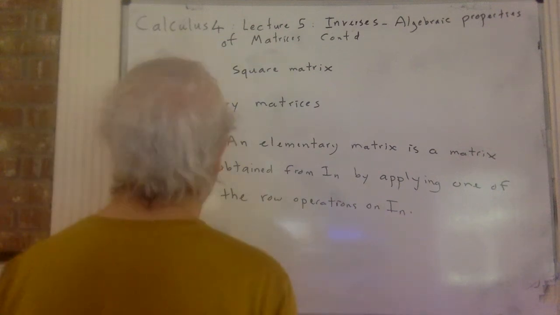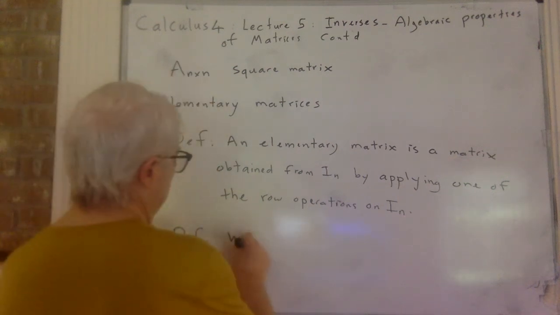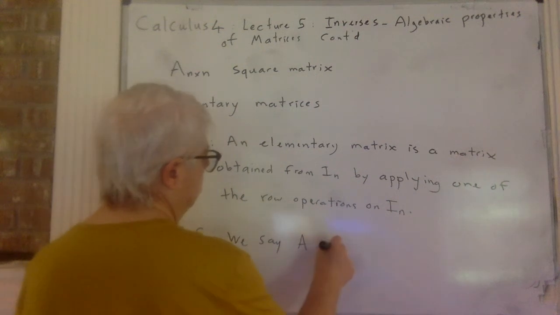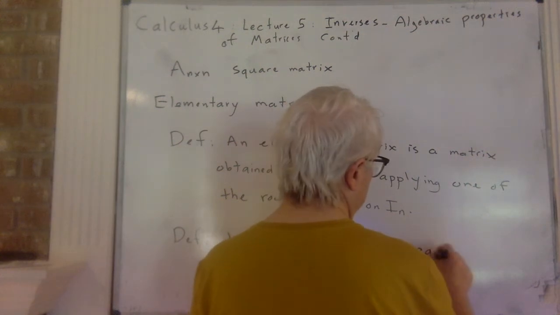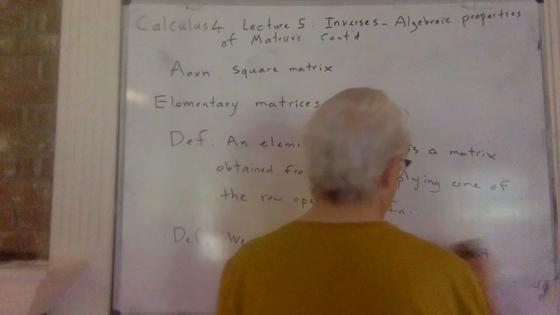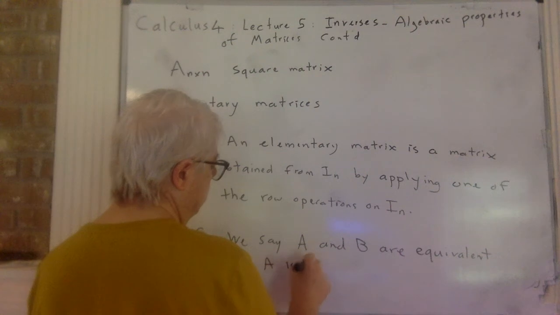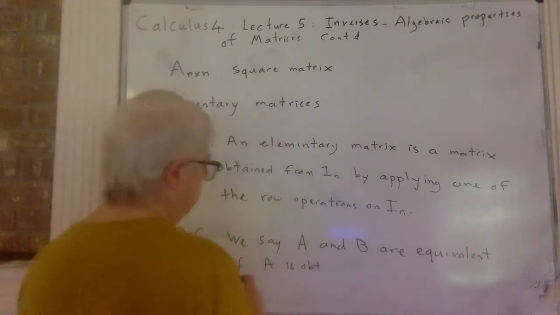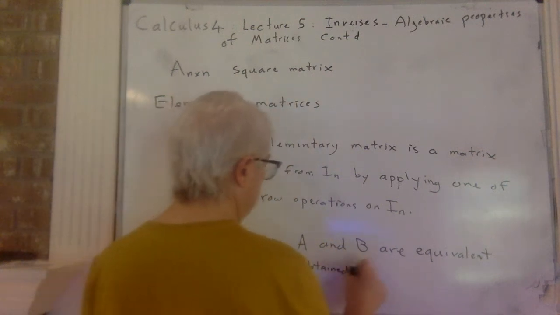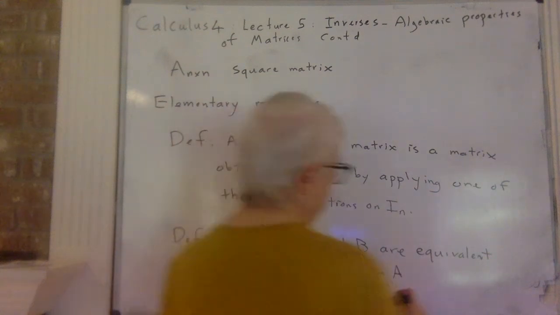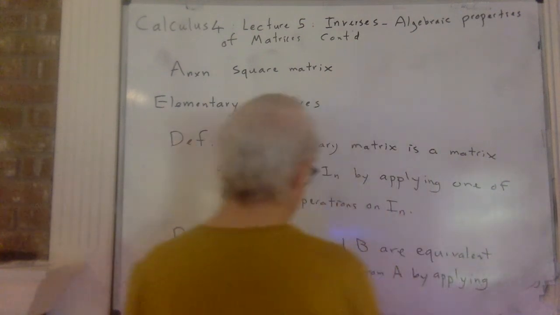And there's another definition. We say A and B are equivalent if B is obtained from A by applying row operations.